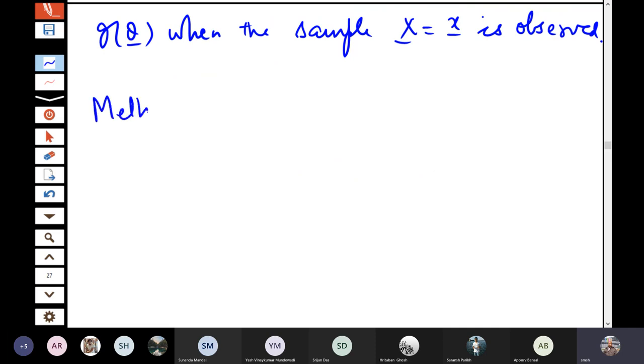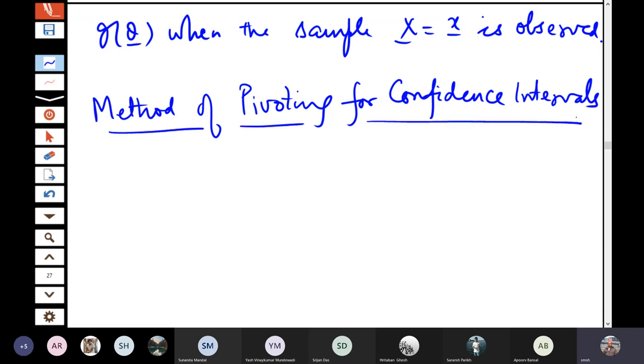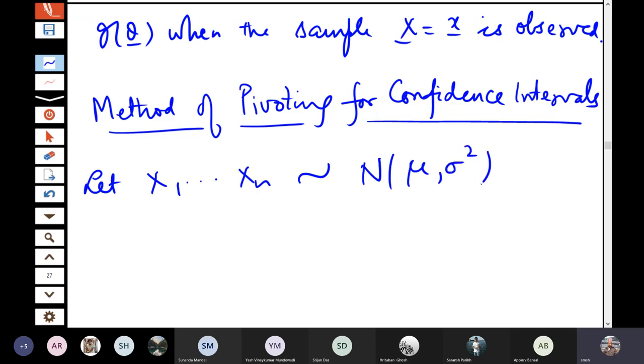Method of pivoting for confidence intervals. Okay. So let us consider say X1, X2, ..., Xn following normal(mu, sigma square).